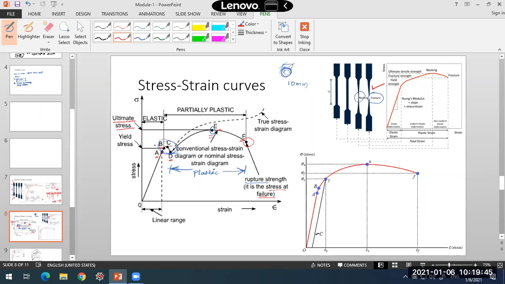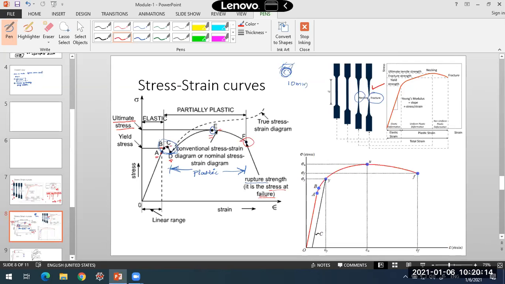Are the points A to F clear? What is point A? Limit of proportionality. Point B is where yielding starts. It is the yield point. In this yielding range, you have the upper yield point and the lower yield point. The lower yield point is the point beyond which plastic deformation comes in.